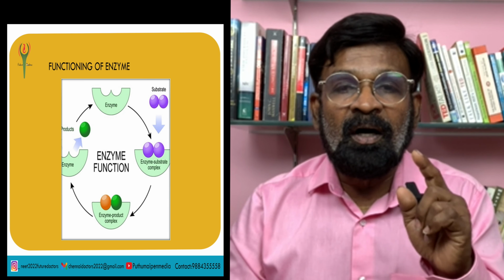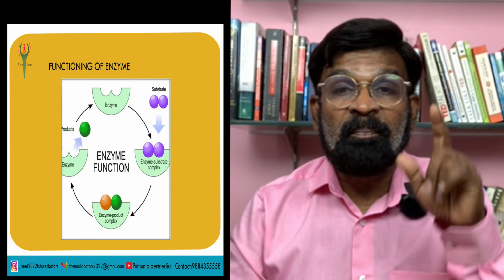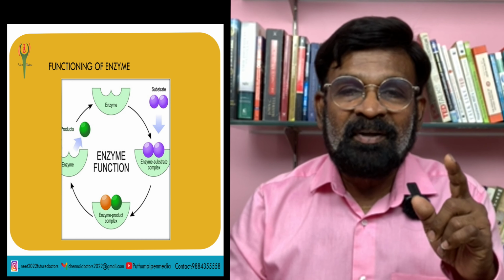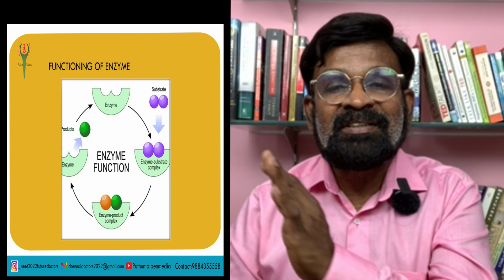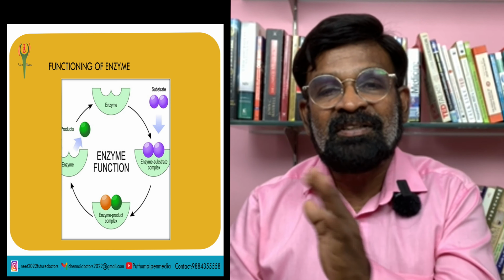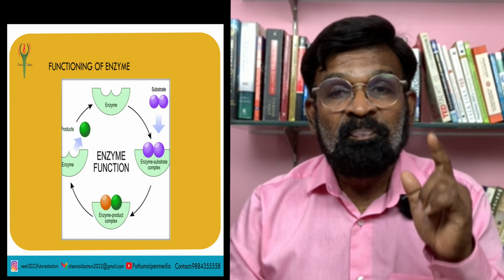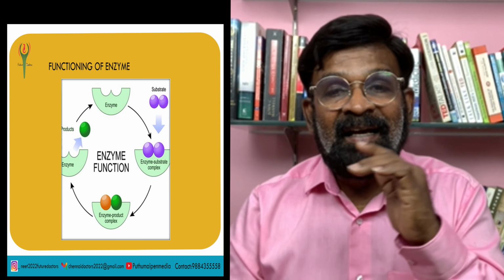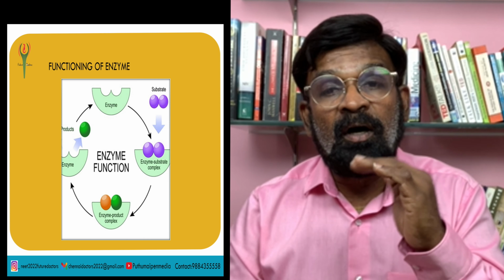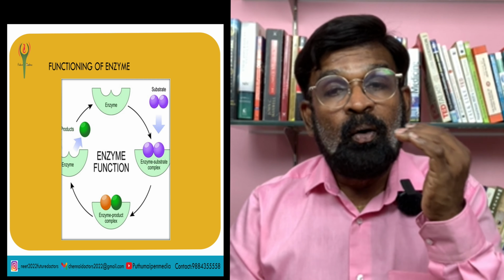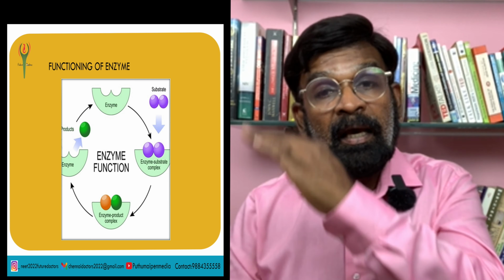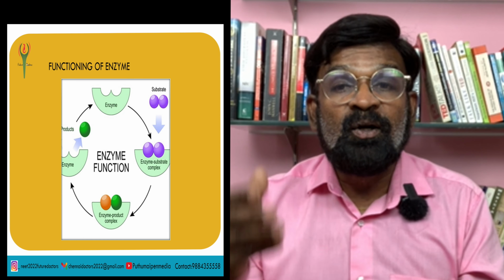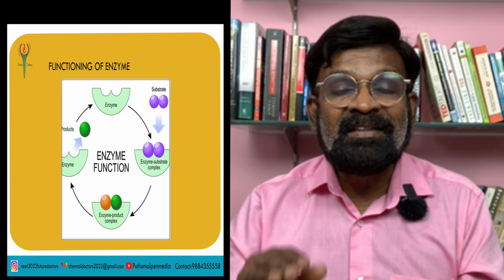In the graph, the y-axis represents the potential energy content and the x-axis represents the progression of the structural transformation. When P is at a lower level than the S, the reaction is exothermic or spontaneous. When P is at a higher level than the S, the reaction is endothermic or energy requiring.